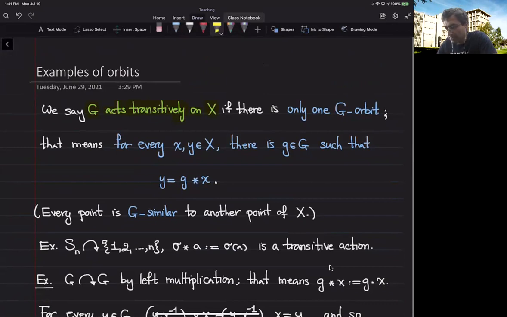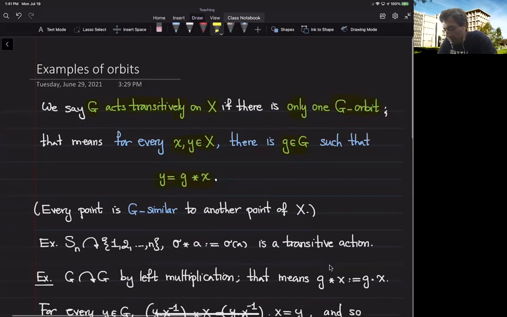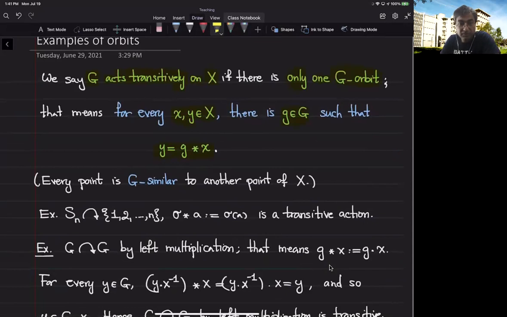Similarly, I can reformulate it and say that if I give you two points inside this set, they are G similar: there exists some element of the group which sends one to the other.